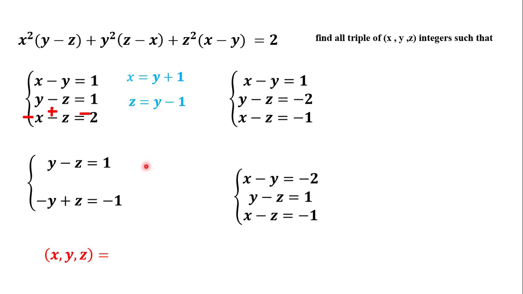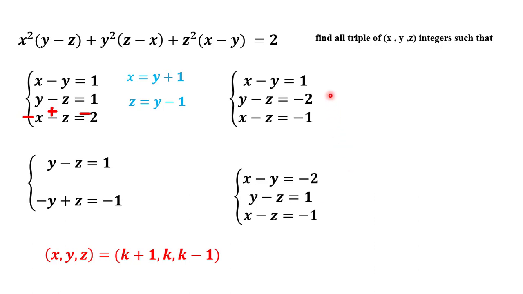So if we name y equals k, x becomes k plus 1, and z becomes k minus 1. And this system of equations has infinitely many solutions, where the relation between x, y, and z is k plus 1, k, and k minus 1.